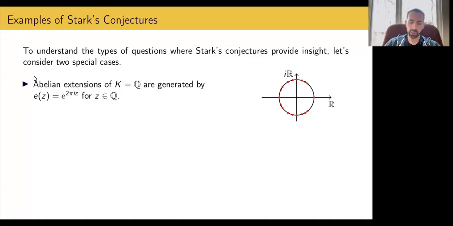So the abelian extensions of the rational numbers are all generated by special points on the unit circle, namely points where this exponential map, e to the 2 pi i z, is evaluated at a rational number. Here's the unit circle, and these red points are all the rational numbers that you get with denominator 7 or less.